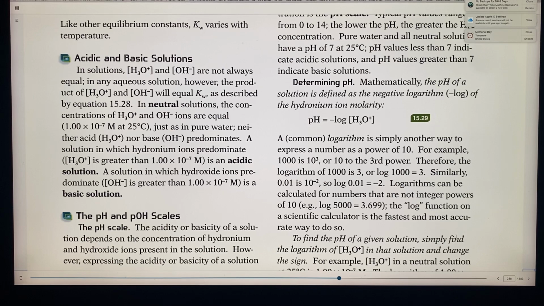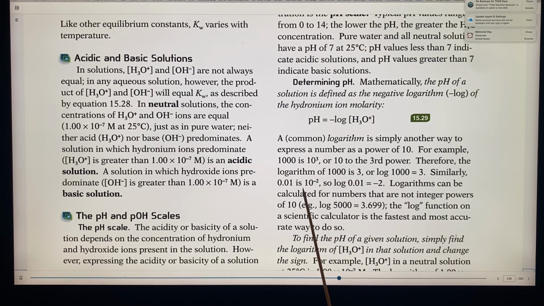A common logarithm is simply another way to express a number as a power of 10. For example, 1,000 is 10 to the third power, and the logarithm of 1,000 is 3. You take that third power and say the logarithm equals 3.